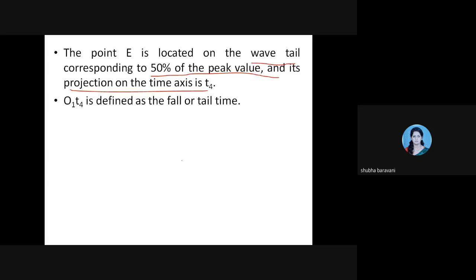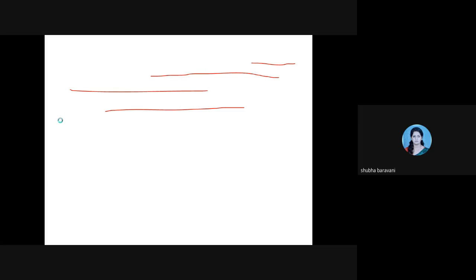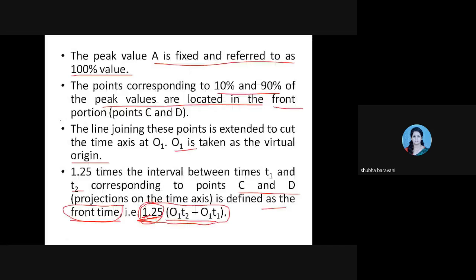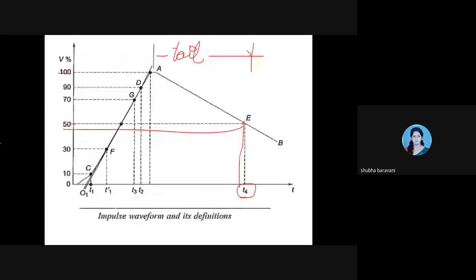Now O1T4 is defined as the fall time or the tail time.